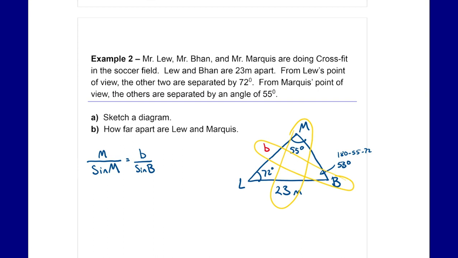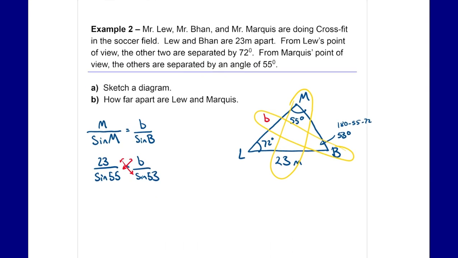So little m is 23, over sine of 55, equals little b, which is unknown, over sine of 53. With sine law, the first thing we're going to do is cross multiply, to get rid of these fractions. So we're left with 23 sine 53 equals b times sine 55.